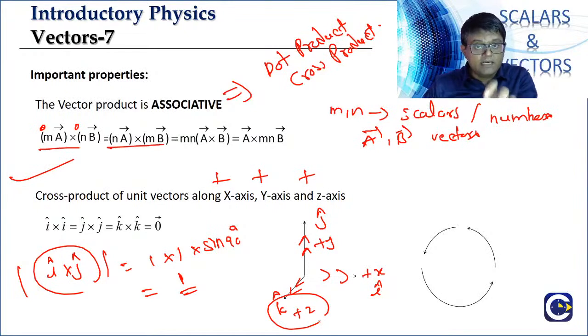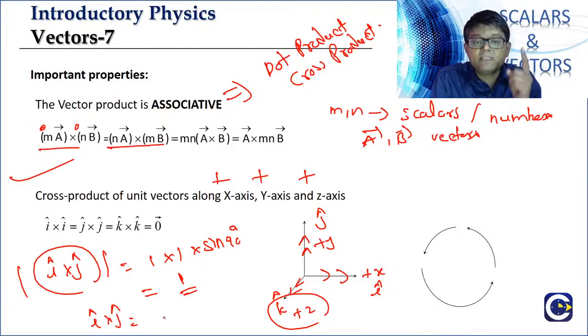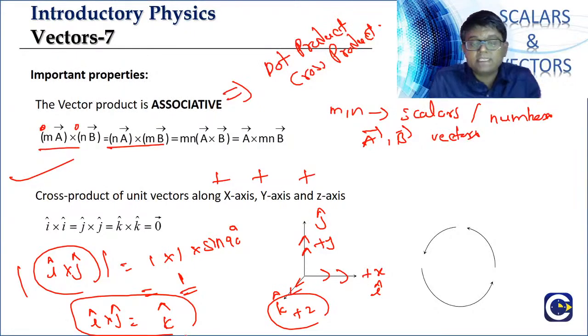Just understand this concept, then I'll tell you an easy way to remember it. i cross j is a vector with magnitude 1, and if you curl the fingers from the positive x axis to the positive y axis, the thumb is in the positive z direction. So i cross j is a vector with magnitude 1 in the direction of the positive z axis. What is the vector which has magnitude 1 along the positive z axis? That is k cap.